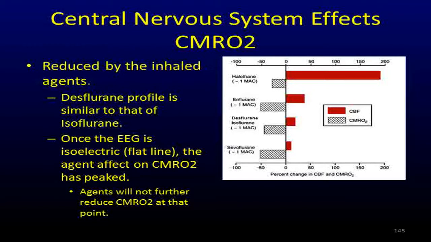Tracking? This might be a little bit of a weird question. No weird questions. Since we developed the concept of MAC to give us an endpoint of anesthesia, if we can quantitatively see cerebral depression on the EEG, why is that not the standard endpoint instead? Okay. So isoelectricity is far beyond 1 MAC.